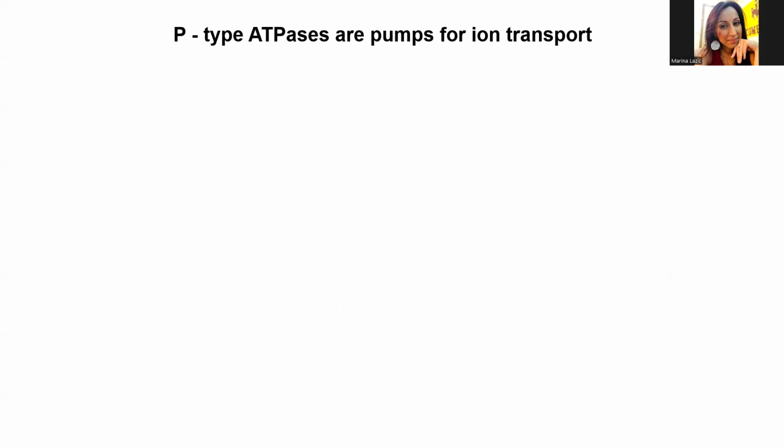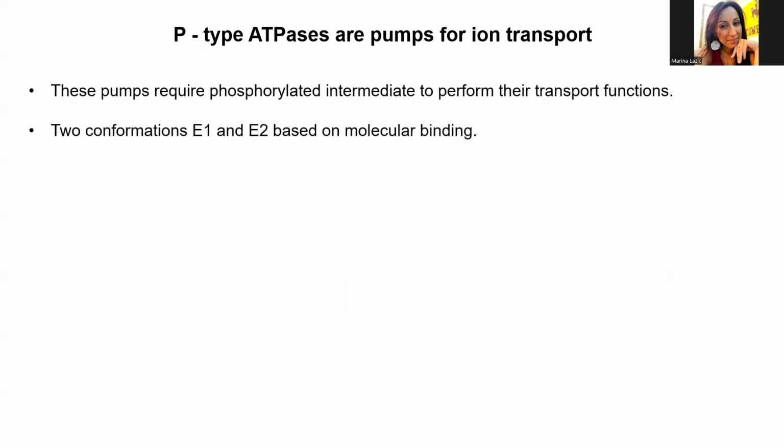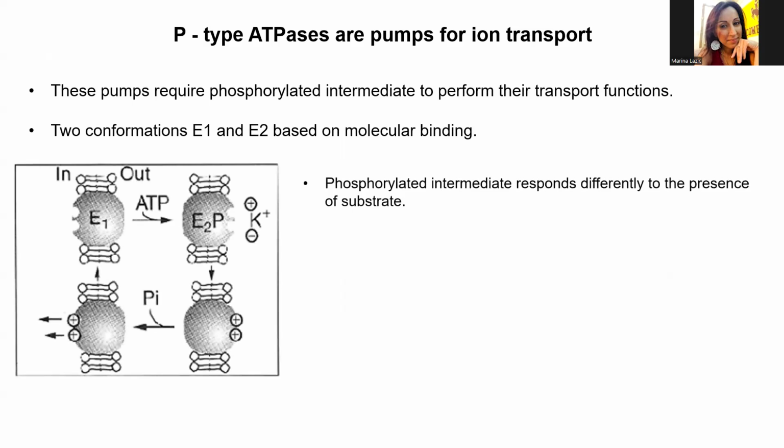So it has 2 states, phosphorylated and dephosphorylated, E1 and E2. The phosphorylation level depends on the presence of potassium in the microbial cell. So the substrate is potassium, and depending on the level of potassium, the phosphorylated intermediate will respond differently.